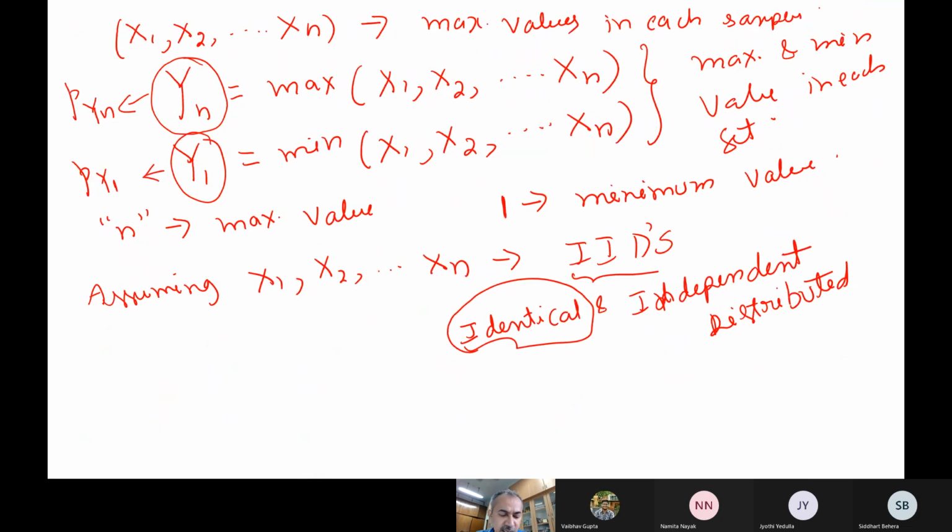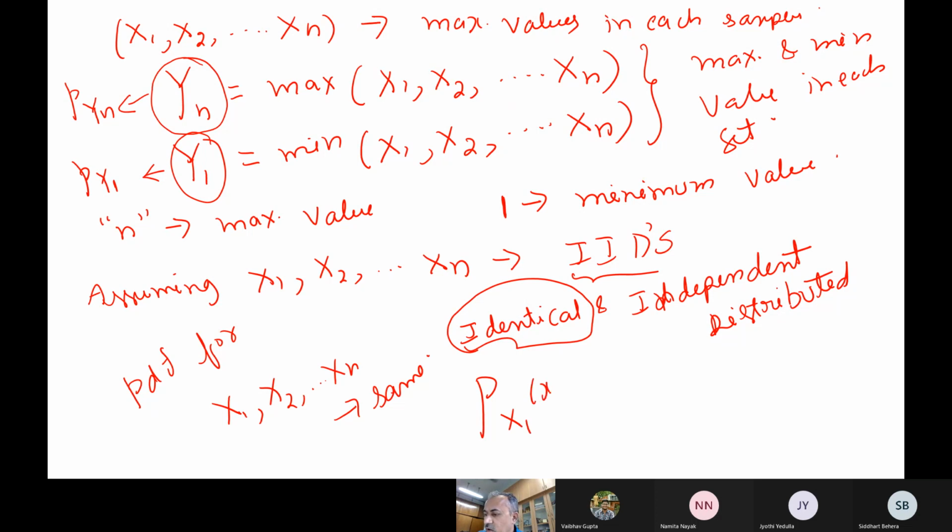If you assume them as independent and identically distributed, then the probability distribution function for the individual x1, x2 are all the same. So the distribution function of x1 and of x2 are the same because they are all coming from the same data, F of x itself.